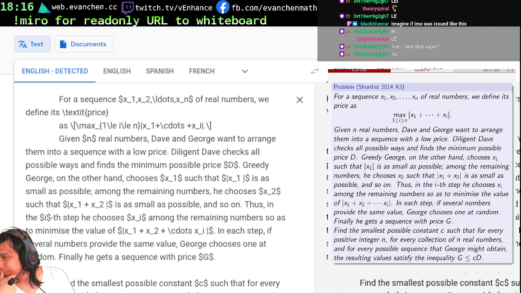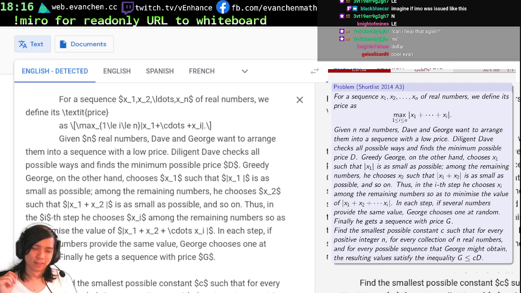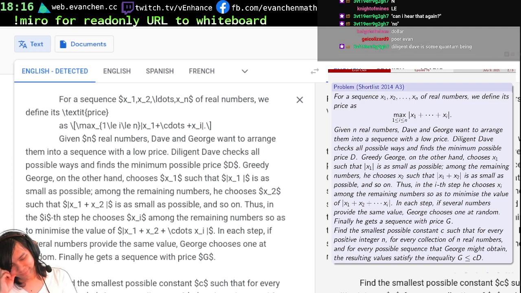Thus, in the $i$th step he chooses $x_i$ among the remaining numbers so as to minimize the value of $|x_1 + x_2 + \cdots + x_i|$. In each step, if several numbers provide the same value, George chooses one at random.